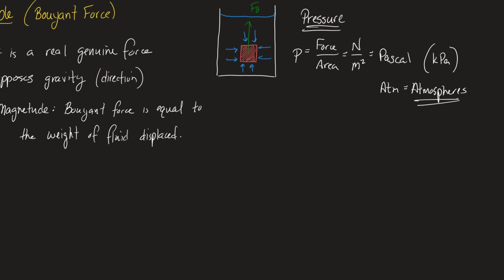We won't use that. We're going to use pascals. There's one more way you might have learned about it in chemistry, and that would have been millimeters of mercury. It's a kind of antiquated way of talking about pressure. It's used for weather because it's a comparative measure of pressure, dealing with the barometric pressure of the atmosphere. We are going to use this straightforward measurement, pascals, which is newtons per meter squared.